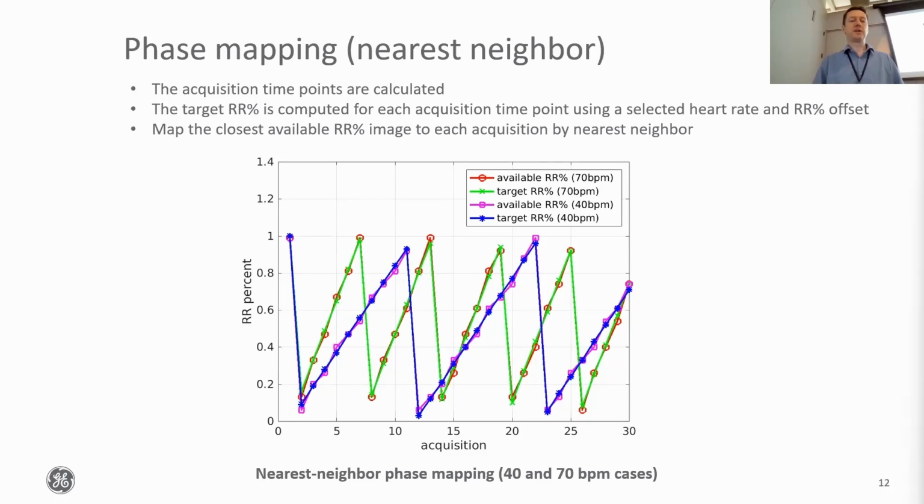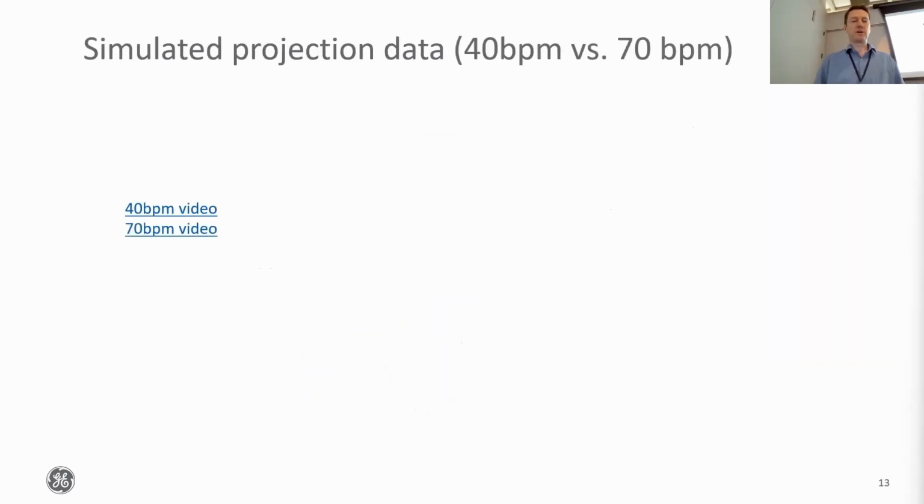I have two different sawtooths here for a 70 beats per minute case that we're simulating and a 40 beats per minute case. You can see that there's a little bit of offset in some cases between the phase that we're trying to pick and the one that we're actually using, because we have only a finite number of phases reconstructed, but it's pretty good. So I would just want to show a couple videos of what these simulated projections look like.